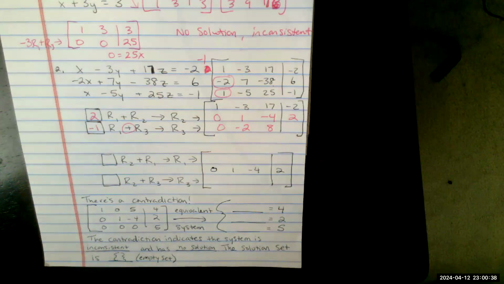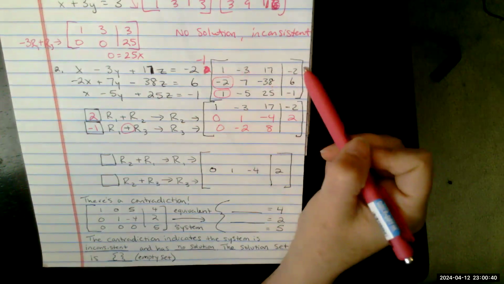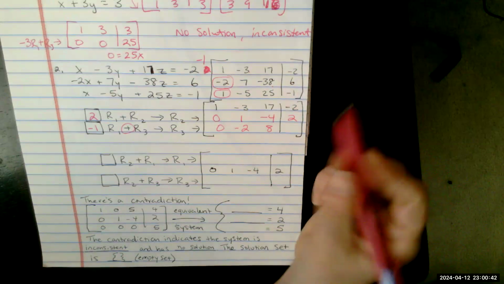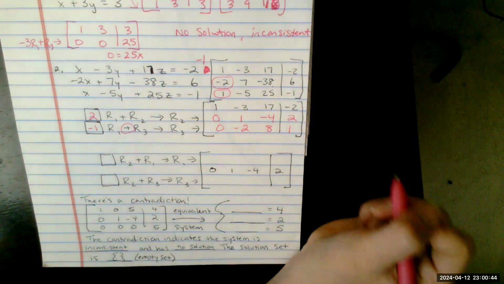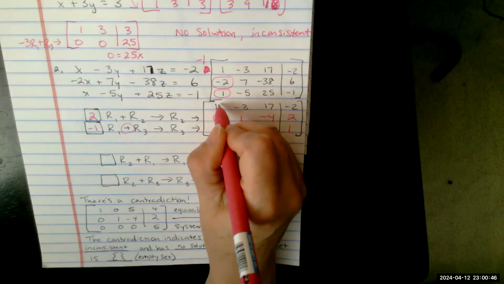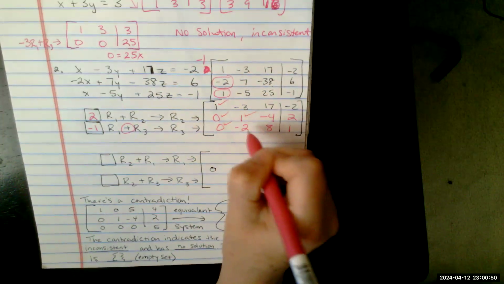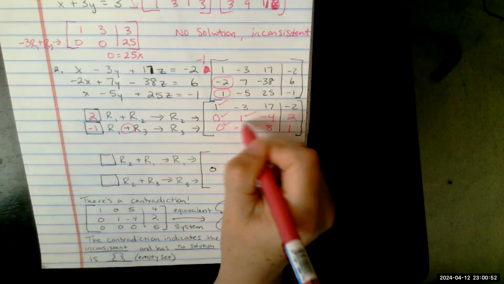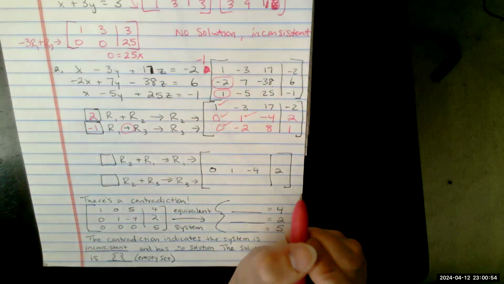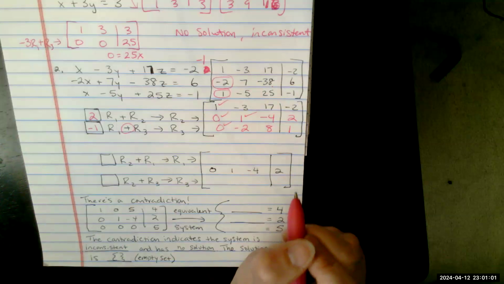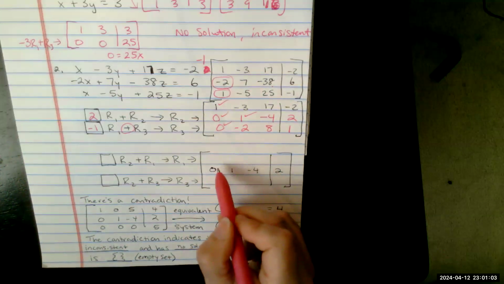Let me make sure that's right. Yeah, that's right. And then positive 2 plus negative 1. So we've gotten this to be a 1. This is a 0 and this is a 1. This is a 0. We now need this to be a 0 and we're good. So they're keeping row 2 the same.